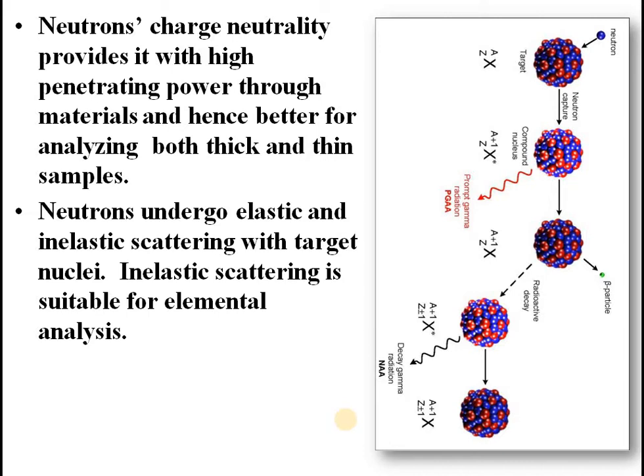There comes an energy disequilibrium inside the nucleus, so the nucleus becomes unstable. That leads to the emission of certain characteristic radiations. That word is very important: we expect certain characteristic radiations out of the nucleus on collision with the neutrons.